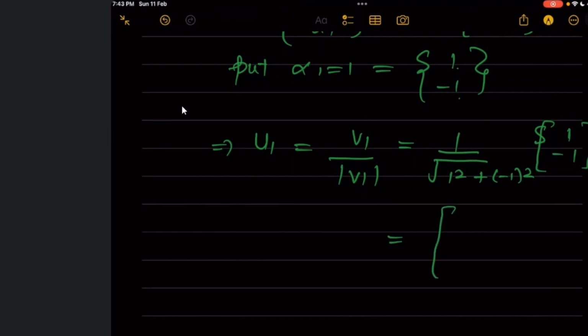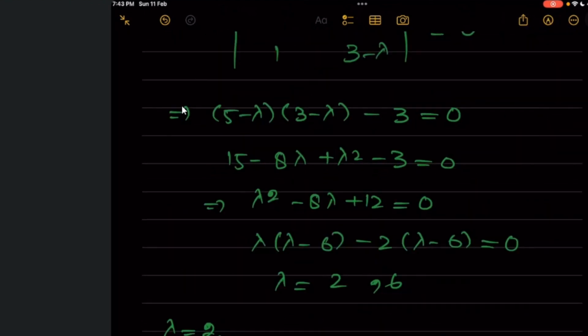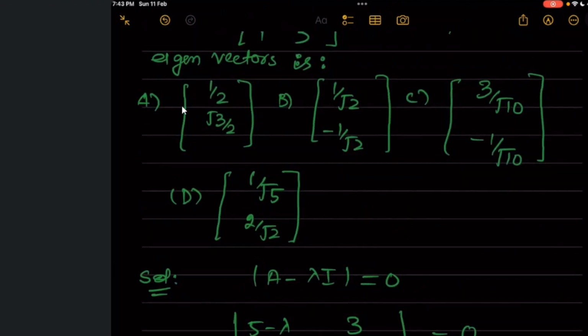So it is going to be 1 upon root 2 and minus 1 upon root 2. So this is the second option, right? I think, yeah, it was the second option.